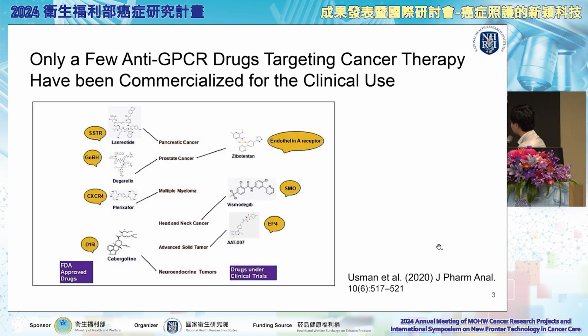Despite the strong potential of GPCRs as targets of cancer therapy, only a few anti-GPCR drugs have been invented and commercialized for clinical use. So there should be a very large space to explore the remaining GPCRs for cancer therapy.